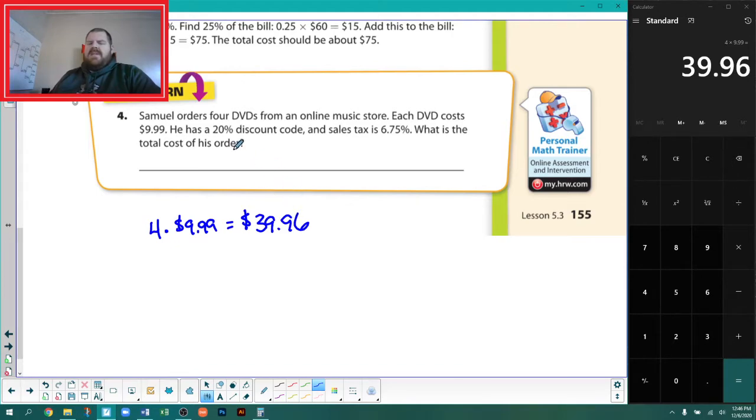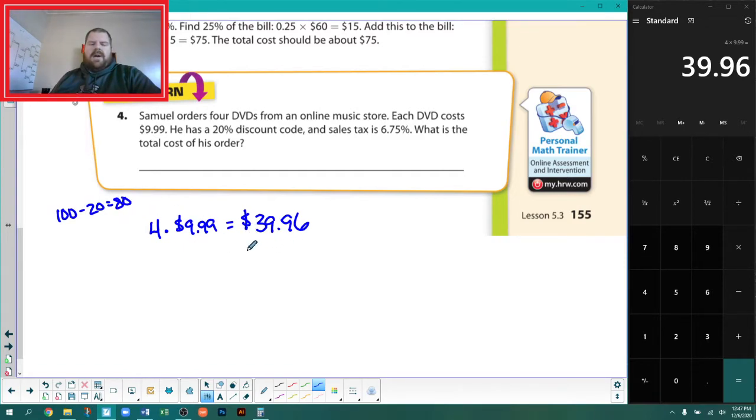And maybe to make this a little bit quicker and easier, or just look at another way to do this, if Samuel gets 20% off, that means he's paying 80%, right? If I take 100 minus 20, it tells me that he's paying 80%.